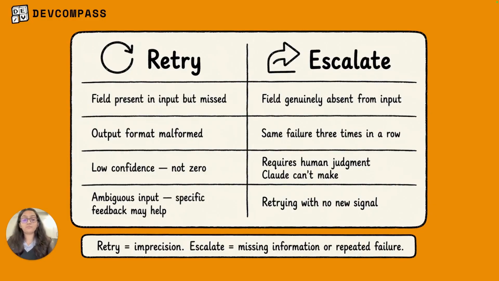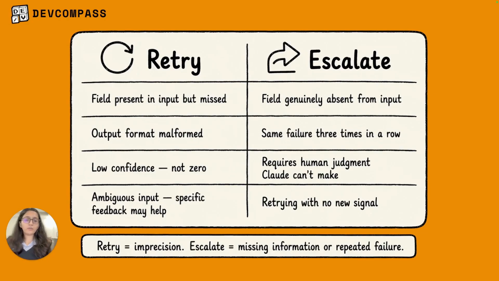If it requires human judgment that Claude can't make from the text alone, escalate. This is a signal that the task exceeds what extraction can do reliably. Fourth, ambiguous input where specific feedback may help, retry. You can add more context, point to where the value is, clarify the ambiguity.